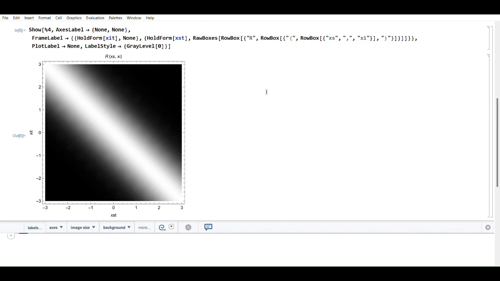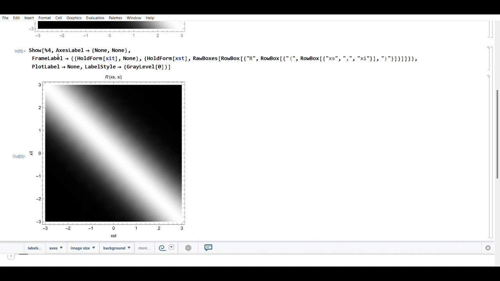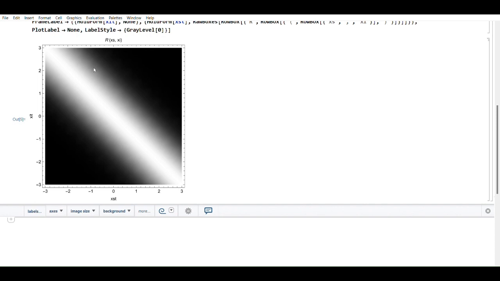Yeah, so this is the label. I see, it is supposed to be FrameLabel instead of AxisLabel. Fine. So this is the plot for our XS, XI, the two photon coincidence count probability.